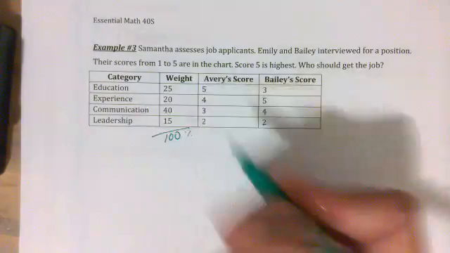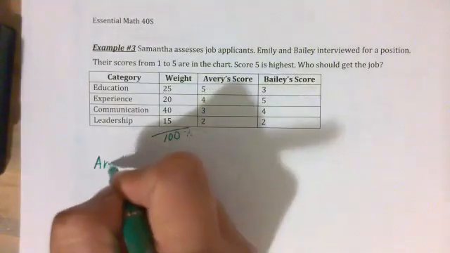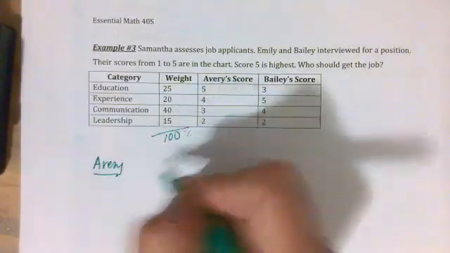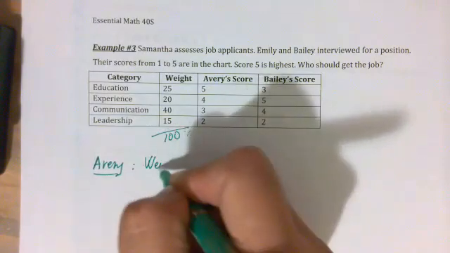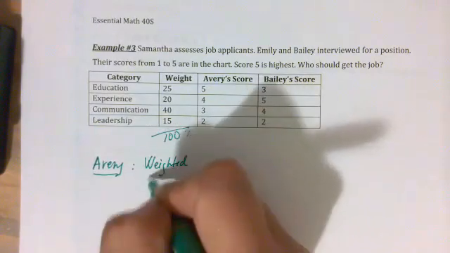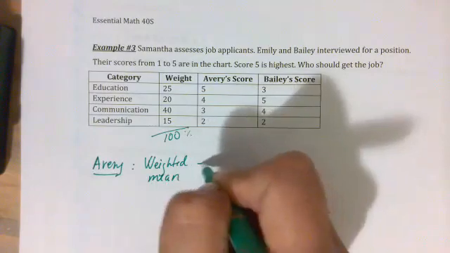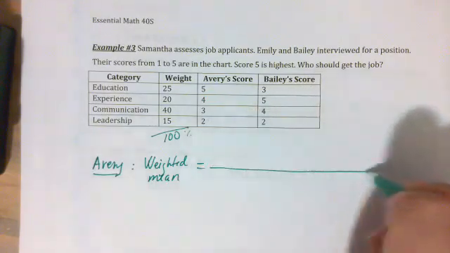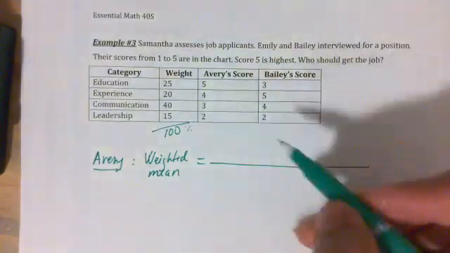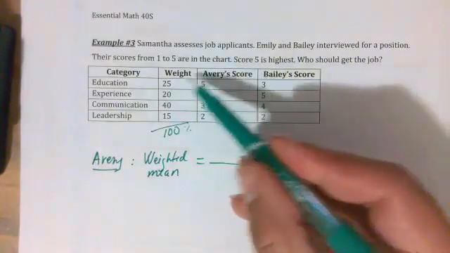So we're gonna do Avery first. Weighted mean. And again, we're gonna have to do the score times the weight.